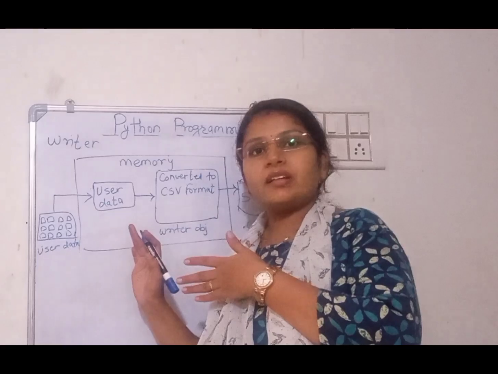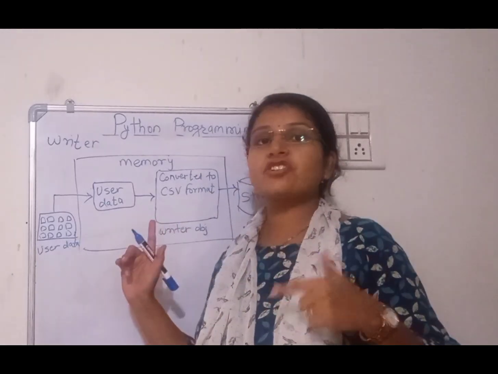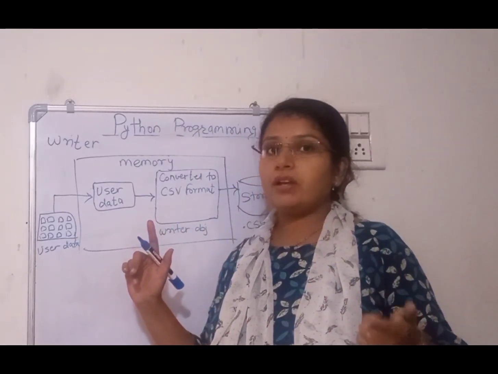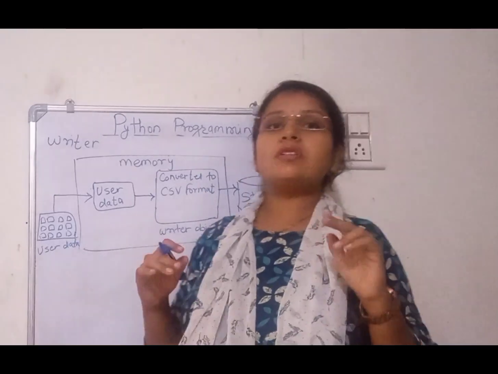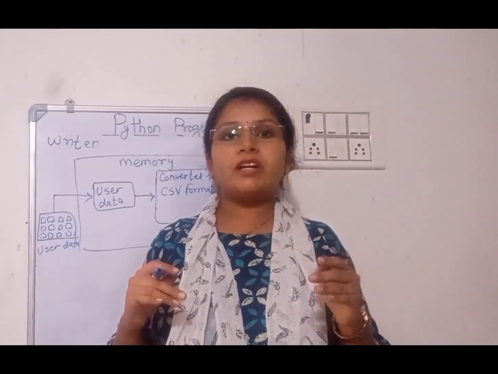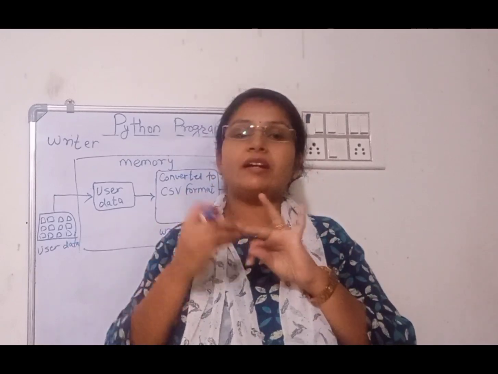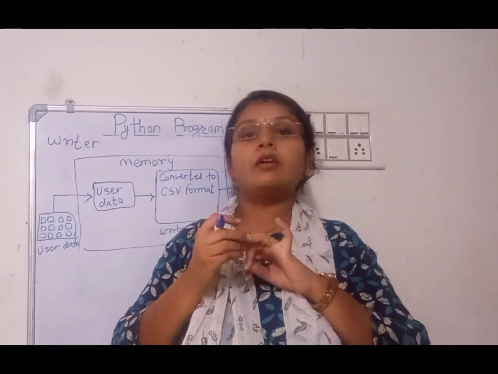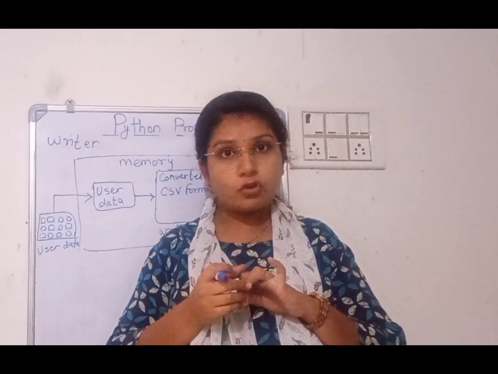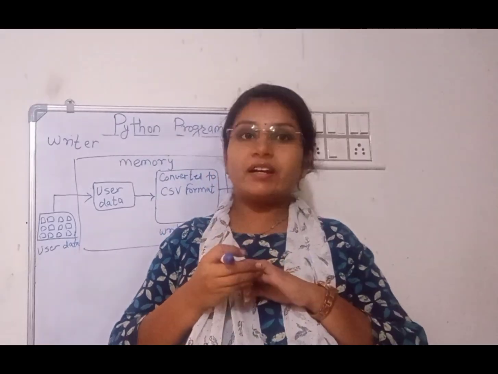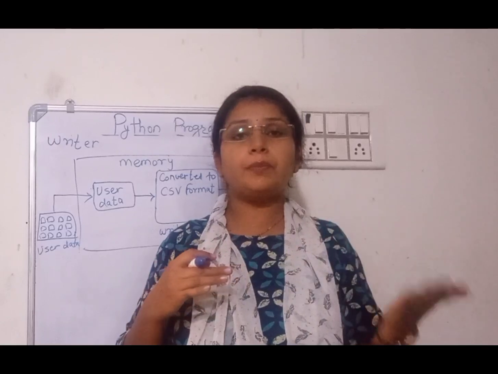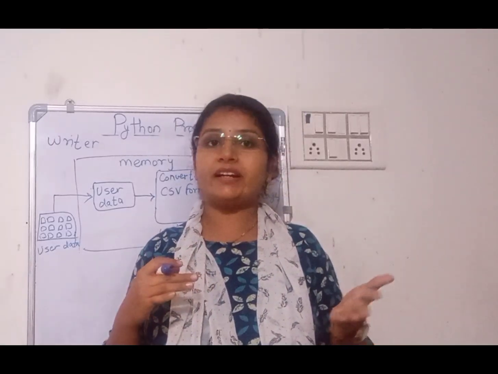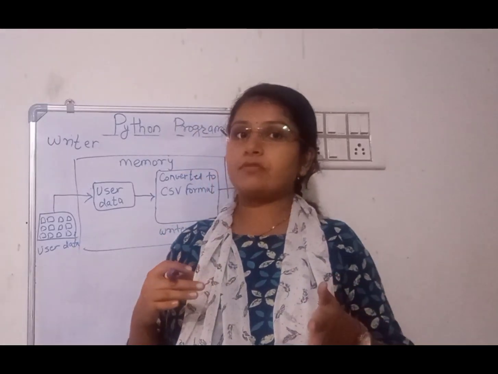Why am I mentioning it like this? Because this will be the additional step in the CSV file. That's why we need to be careful, because in a CSV file you need three objects: the data object to store the data, the file object to store the reference of the file, and the reader or writer object to perform the various operations for reading and writing in the CSV file.